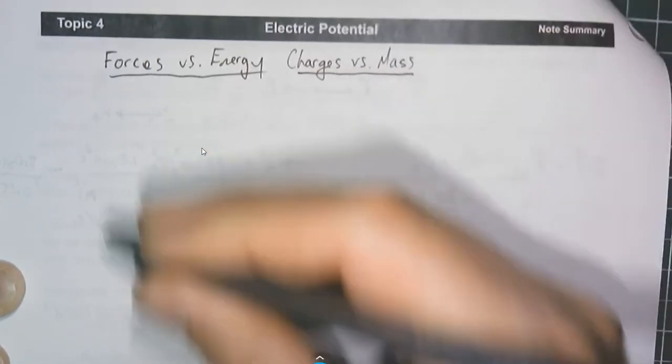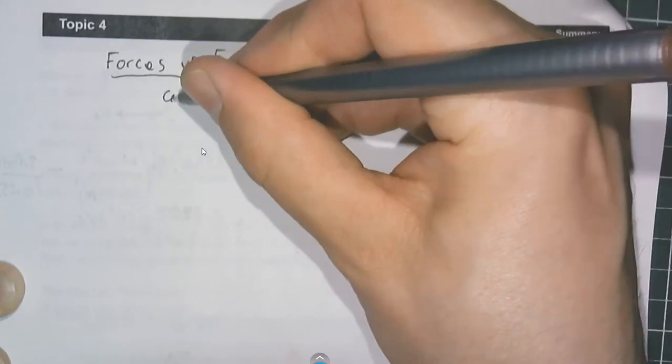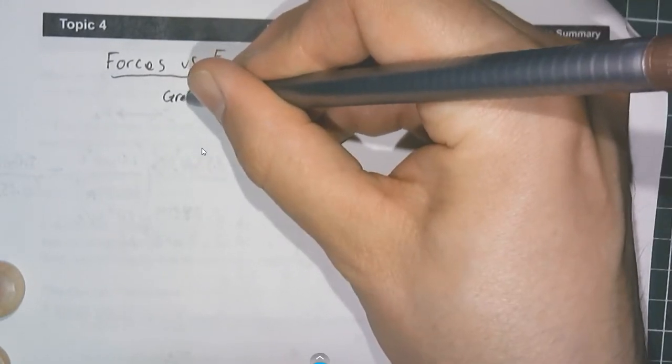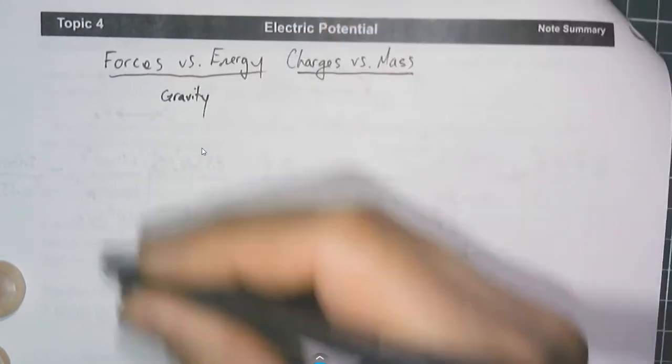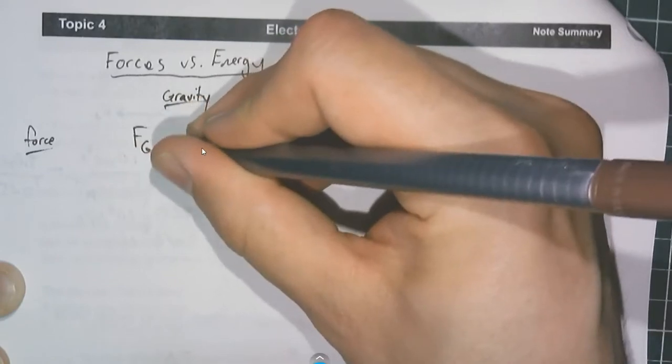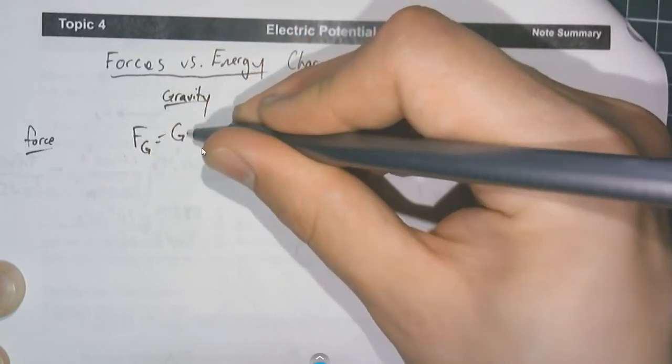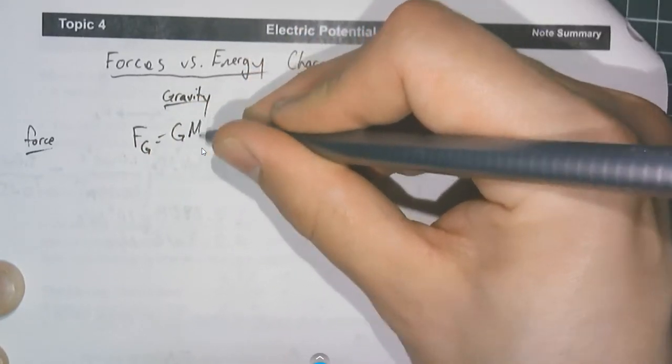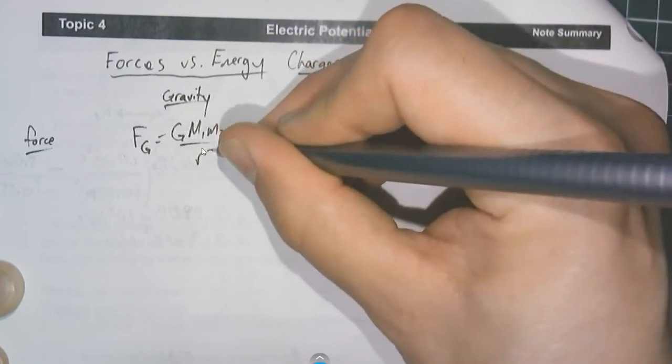a minute. So first I want to hit on the gravity things because it's nice to have some familiarity to lean back on. So with gravity, we talk about forces as being Fg equals that Cavendish constant G m1 m2 over r squared.